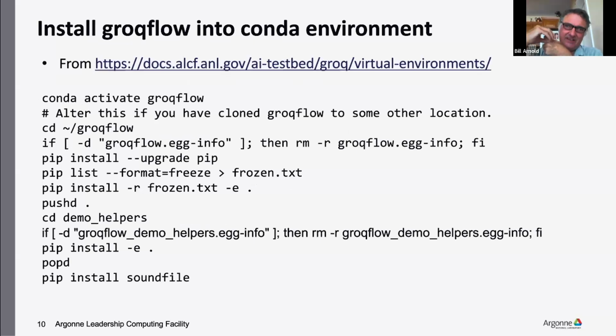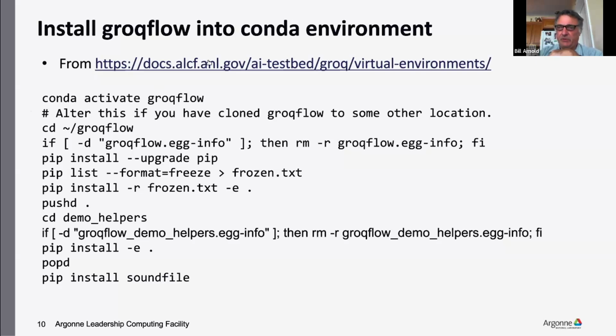Once you've done all that, you need to actually install the packages for GroqFlow, and you do that by changing to the clone of GroqFlow that you just checked out. And there's some extra steps in here that may go away with a future version. This was to correct some problems with the install, but this procedure should work.